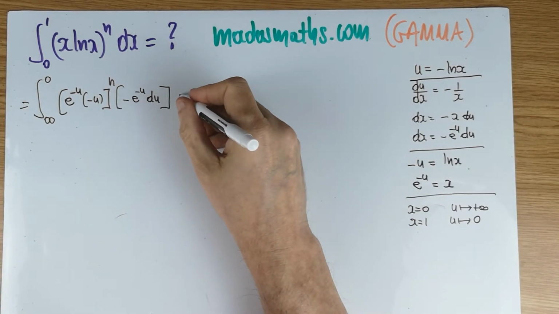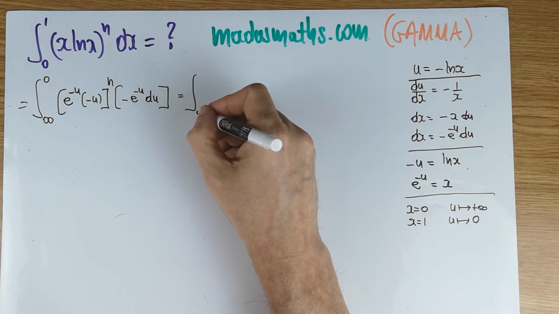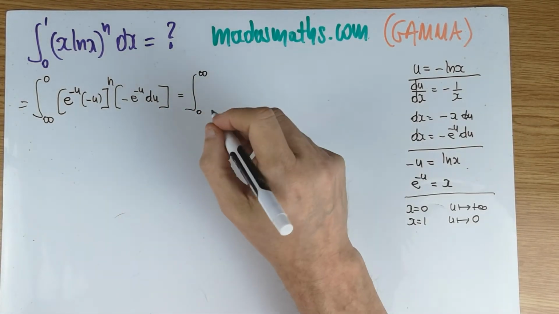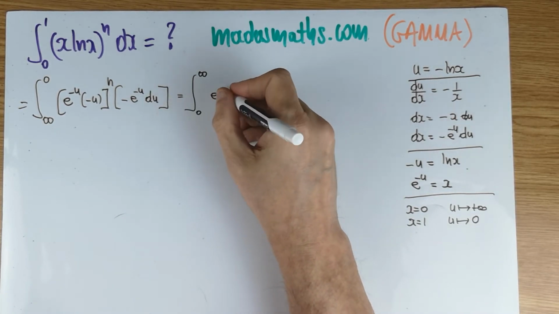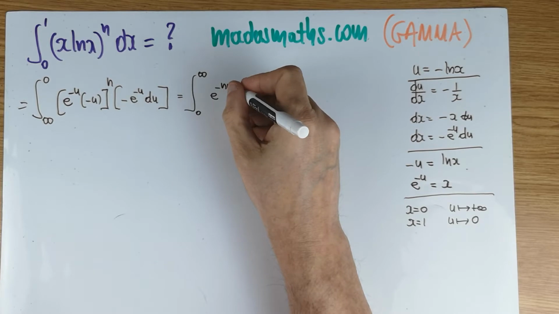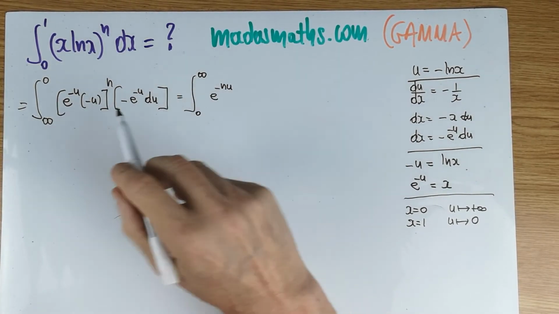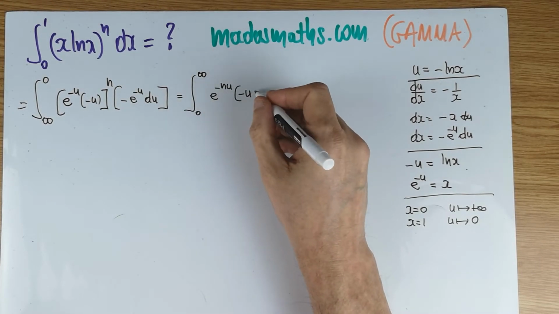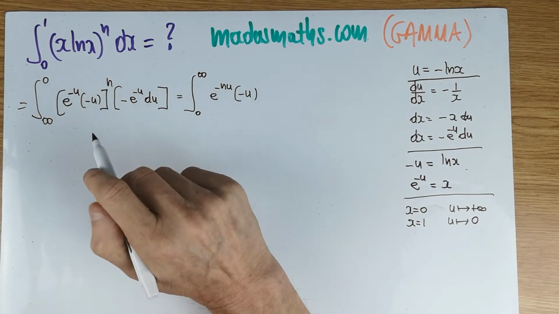So the first thing we're going to do is lose this minus and reverse the limits, 0 to infinity. Then, let's take it in steps, I'm notorious for mistakes. So the minus u will still be in there. Careful, we cannot lose this minus yet, so we don't know if it's plus or minus.